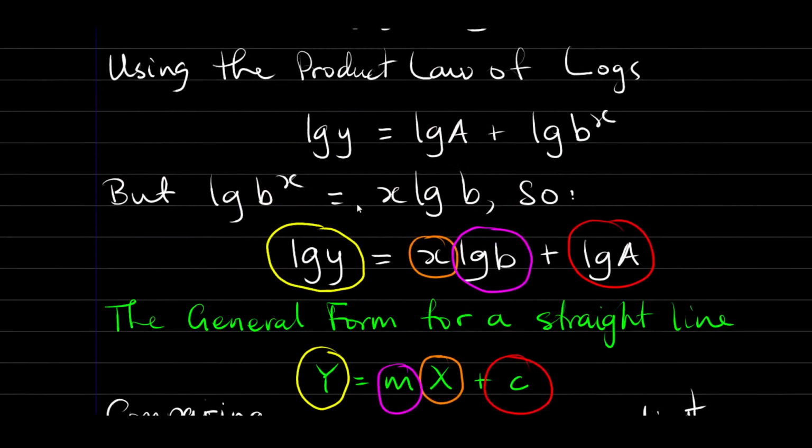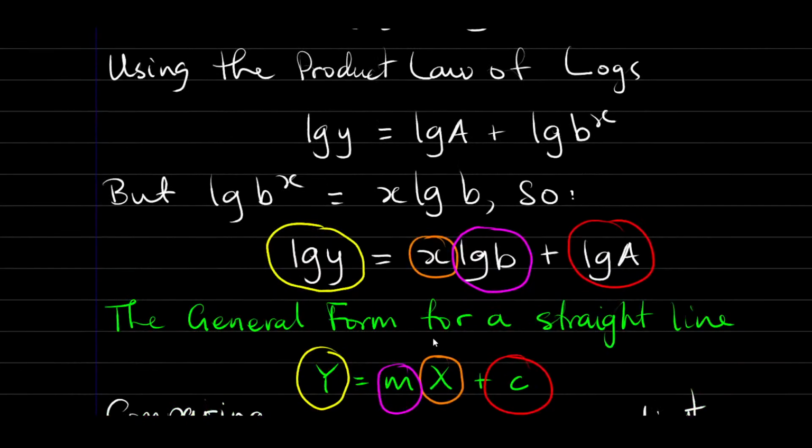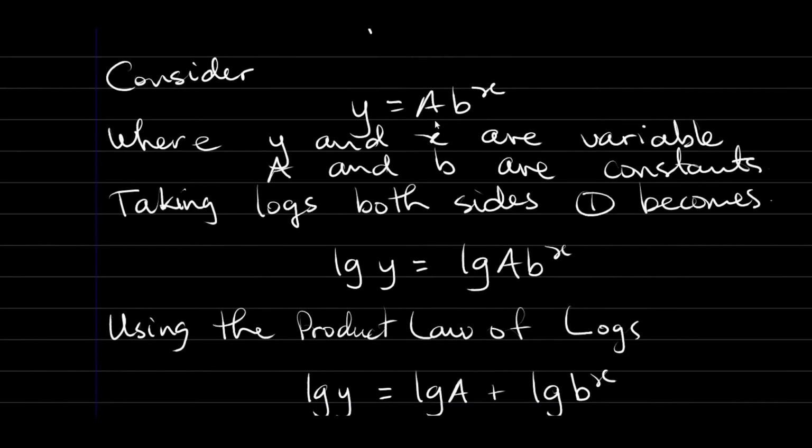And once you do that, you would have no problem getting your gradient, your intercept, and then you can substitute that gradient and intercept, which are your constant values, like in this case your A and your N, back into the original equation and be able to have something that you can work with.